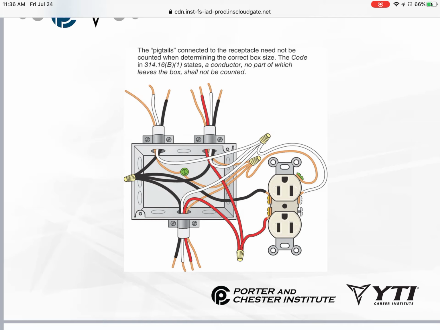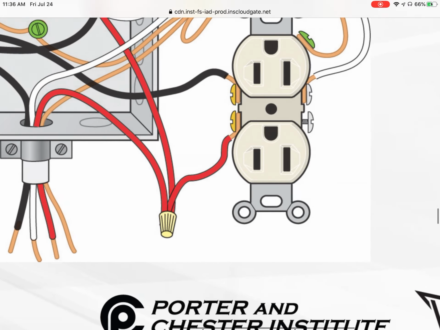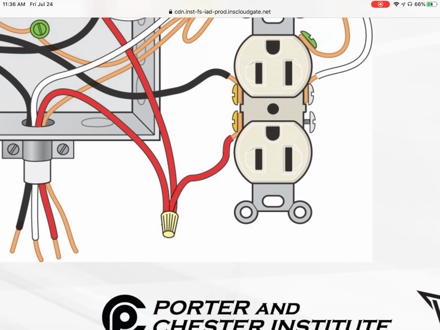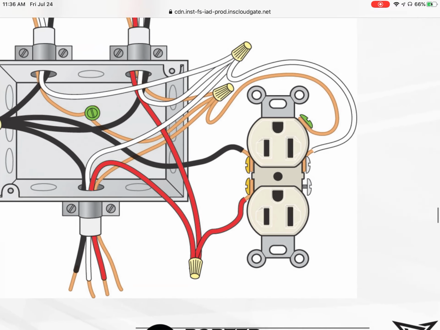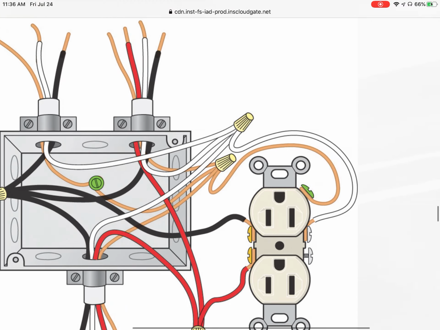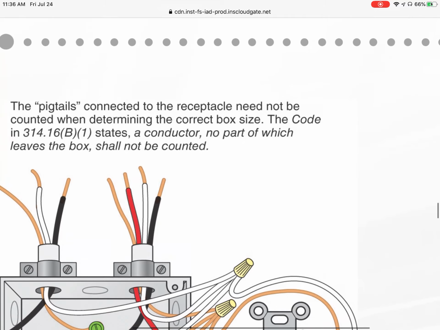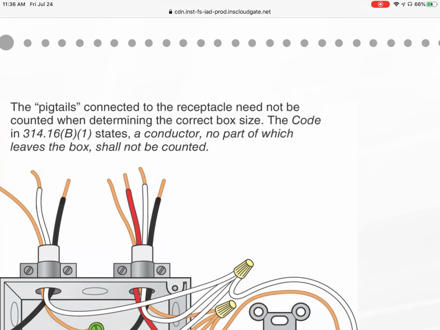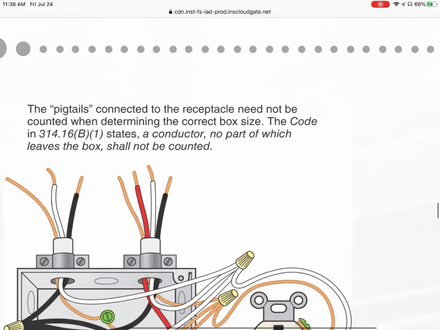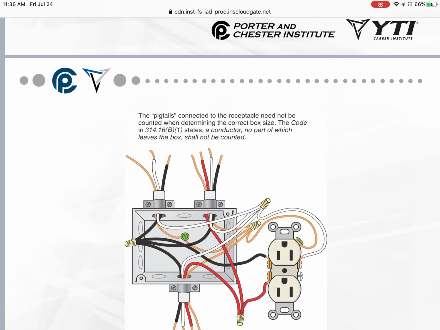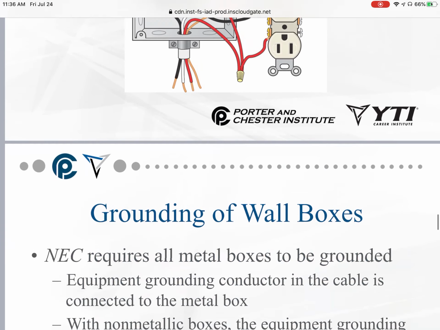So pigtails, we know what pigtails are, right? That connection that comes from the wire nut to the device. We don't need to count those conductors, so we only count the conductors that are coming in and out of the box for sizing purposes. So as they say, a conductor, no part of which leaves the box, shall not be counted. However, guys, as just previously stated, the larger the box, the better.